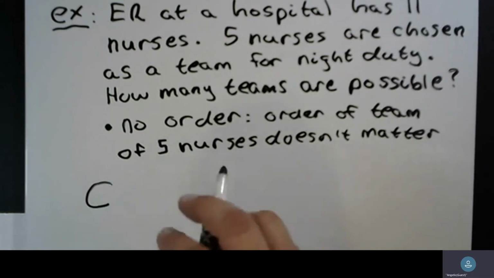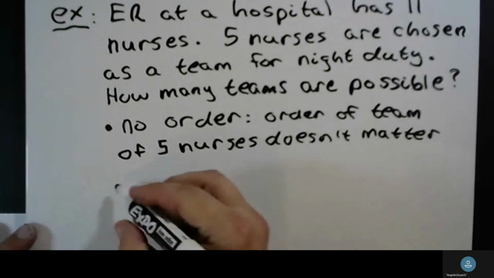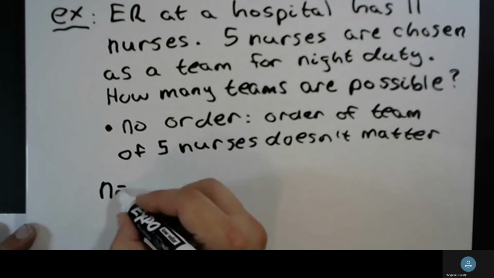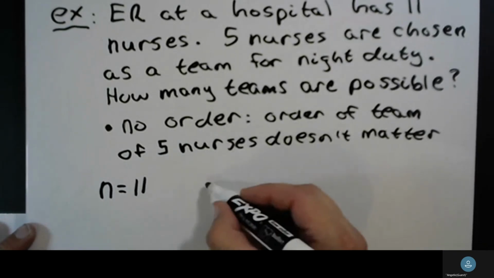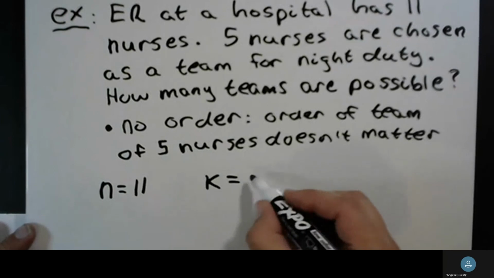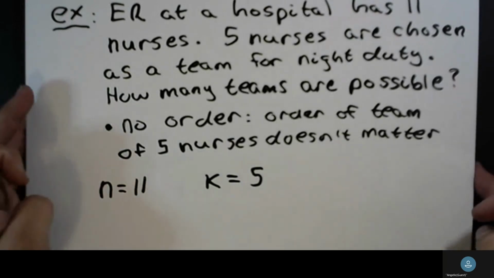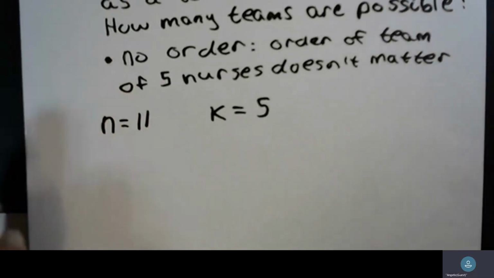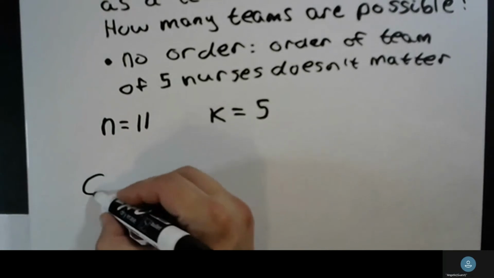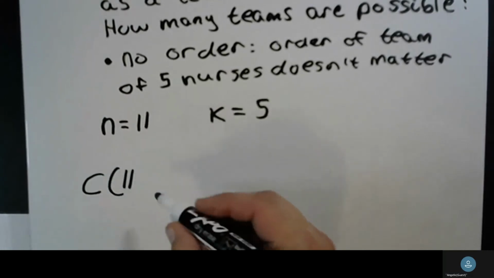So we're going to use the combination. Now, how many do we have? We have 11 total, and we're choosing 5.